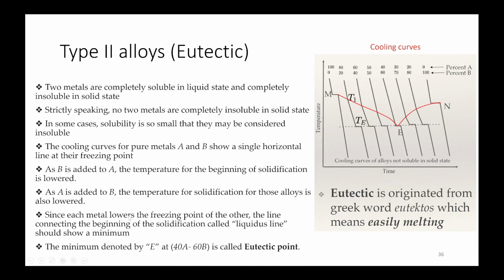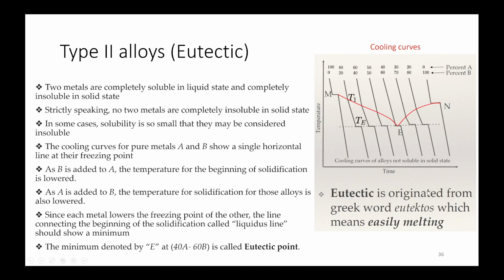Since each metal lowers the freezing point of the other, the line connecting the beginnings of solidification, called the liquidus line, should show a minimum. This minimum, denoted by capital E at 40A 60B, is called the eutectic point.